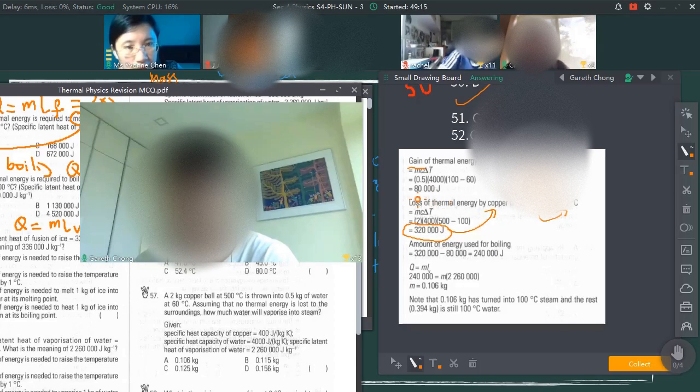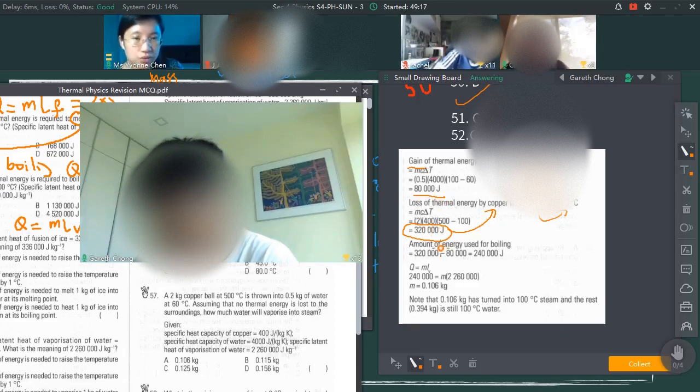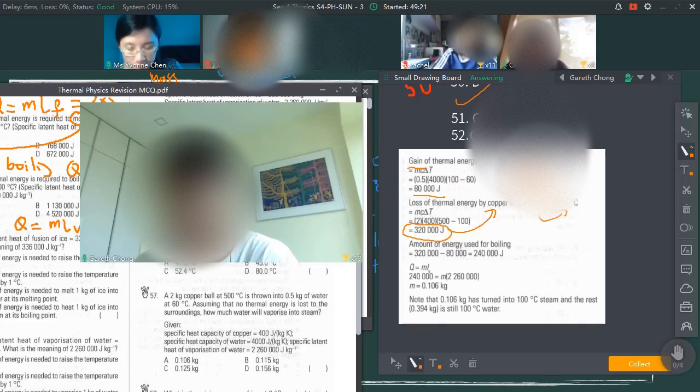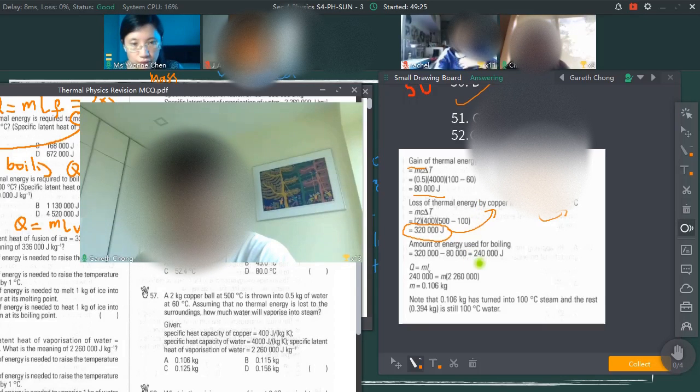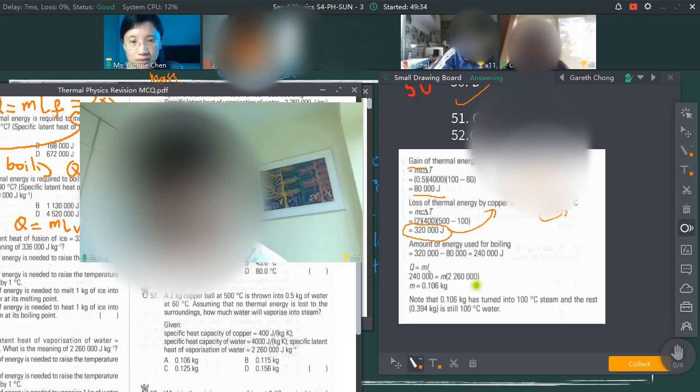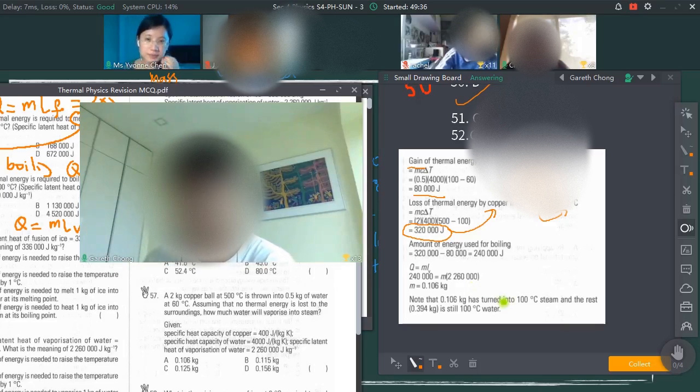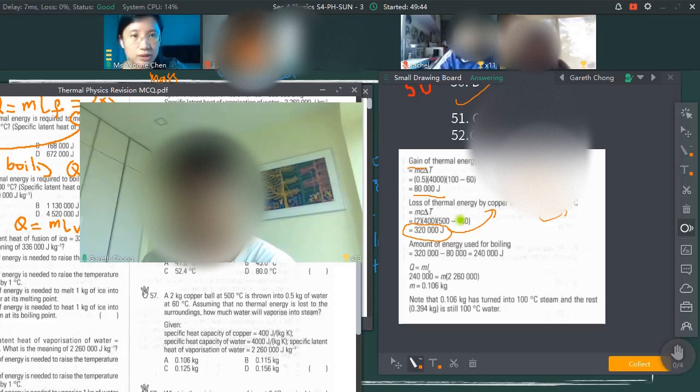So we can use 80,000 joules to change the thermal energy of water from 60 to 100 degrees Celsius. There's still an extra 240,000 joules of energy remaining. This remaining energy will convert some of the water to steam, to gas state. Okay, this is how we do it. Any question? No. So you have to find the total energy.